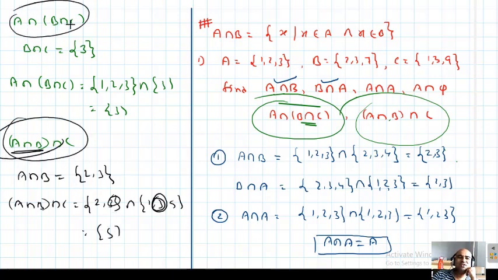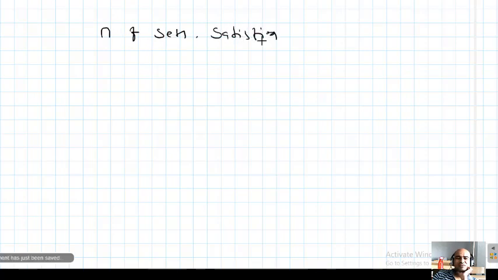A intersection of (B intersection C) equals (A intersection B) intersection C, so intersection of sets satisfies the associative property. So I will write all. Intersection of sets satisfies: number 1, closure, because A is one set, B another set, A intersection B is a set only.